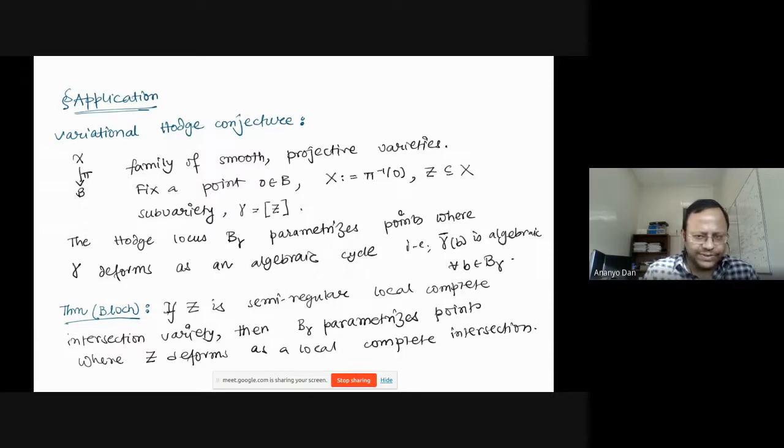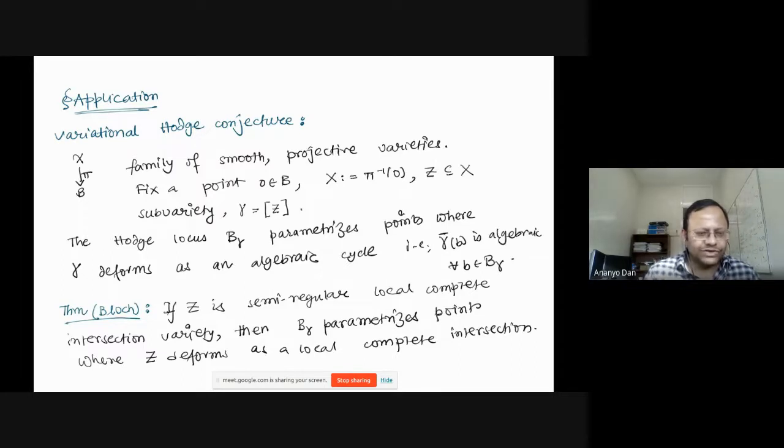And then what happens is that if Z was a semi-regular local complete intersection subvariety to begin with, then it satisfies a very strong form of the variational Hodge conjecture, in the sense that the Hodge locus parameterizes all the points in B such that Z actually deforms as a local complete intersection.